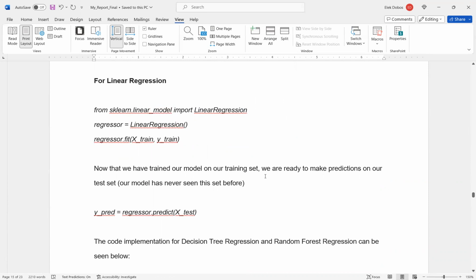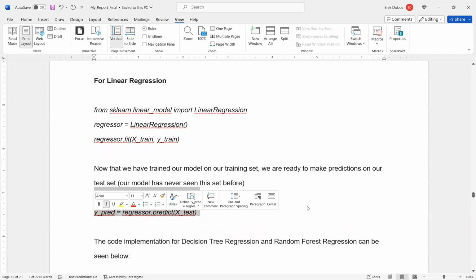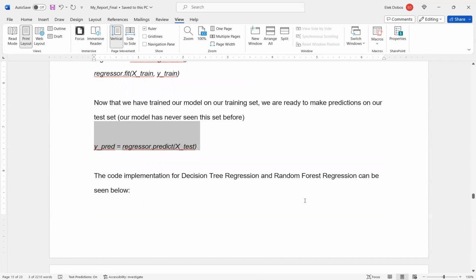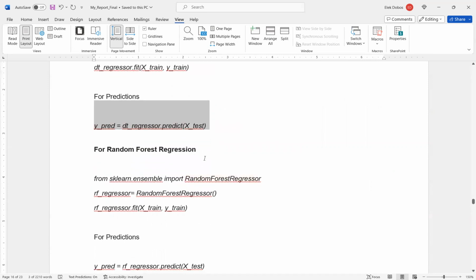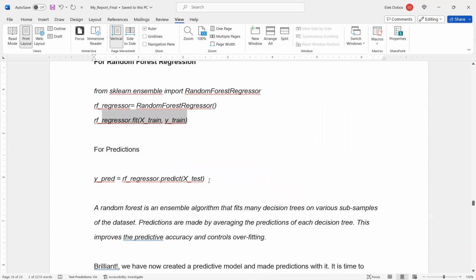We trained our model on our training set so we can make some predictions from that test set right here with our Y prediction. Then our second algorithm that we had used was the decision tree regression and random forest regression, noted below here. Decision tree regression, we trained it and then called up our test, right? And random forest regression, same thing, we trained again, and we called up our test.